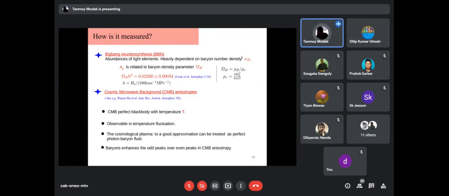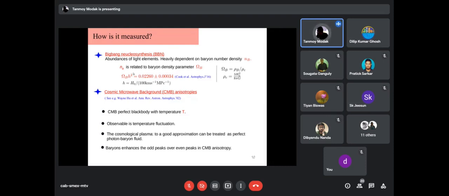The baryon number density I denote as n_B. And n_B is directly related to something called the density parameter Omega_B. Omega_B is given by rho_B divided by rho_C, where rho_B is basically the energy density associated with baryons, and rho_C is the critical energy density of the universe.